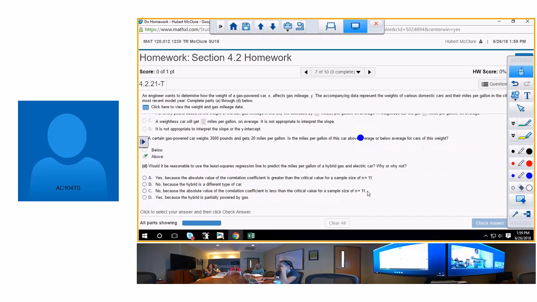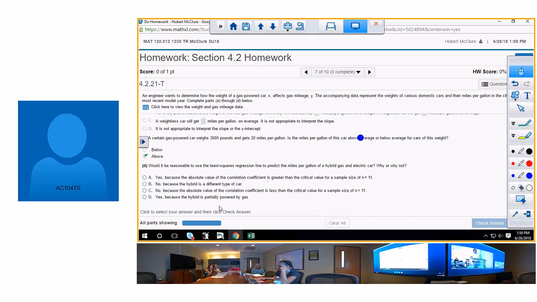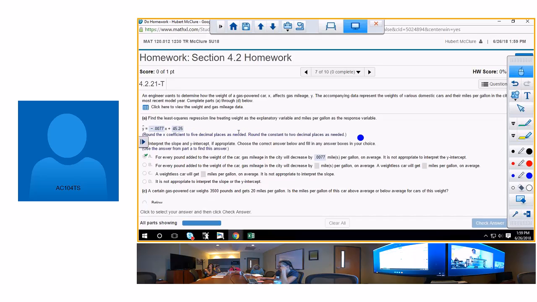Oh my God, what is this, A through Z? That's the last one. Would it be reasonable to use the least squares regression line to predict the miles per gallon of a hybrid gas and electric car? An engineer wants to determine how the weight of a gas-powered car affects gas mileage.